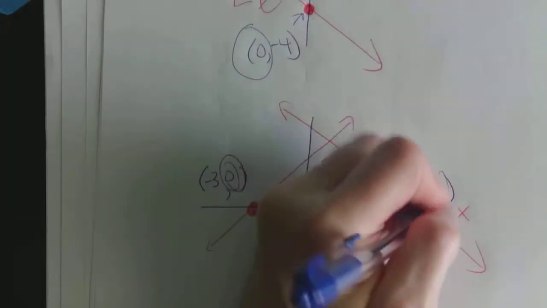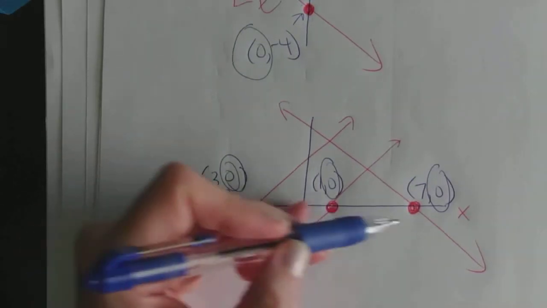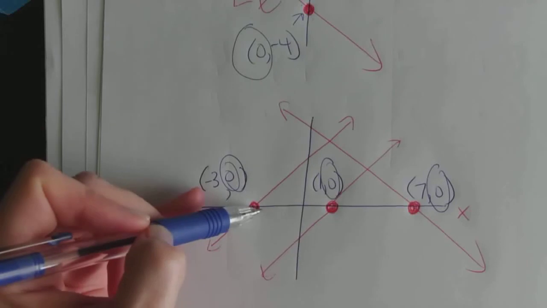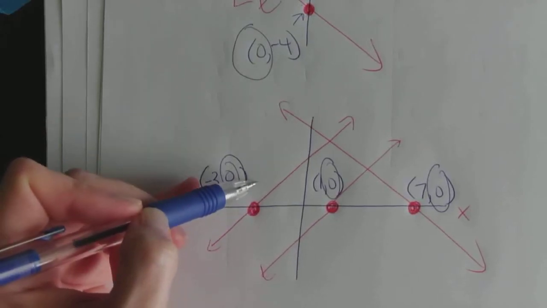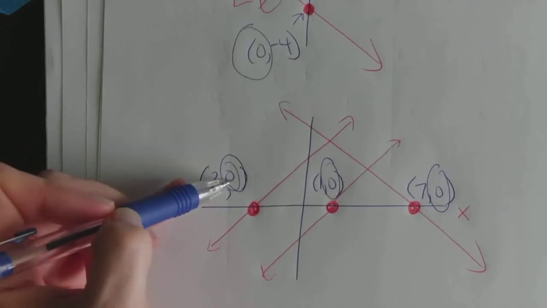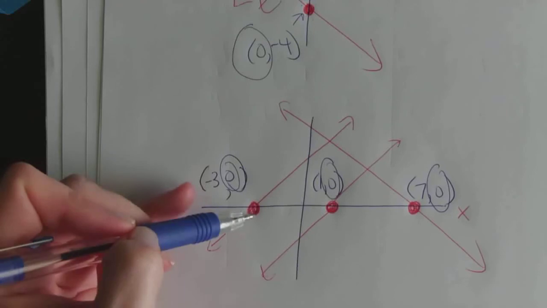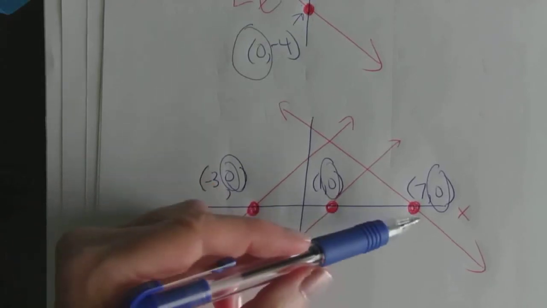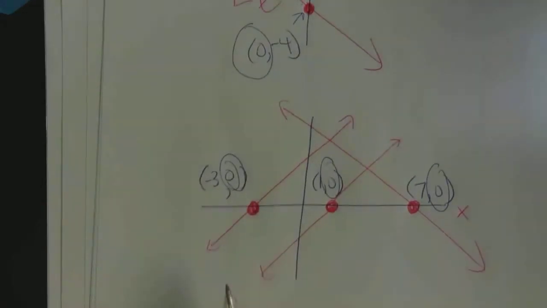Well, I hope you're thinking the y is 0. See, you want to move to the x, right? You want to move around here to move to the x, but once you're at a certain x, you don't want to lift up or down any on the y. You want to stay put on the y. Otherwise, you're not on the x-axis anymore. So to find an x-intercept, the y has to be 0.